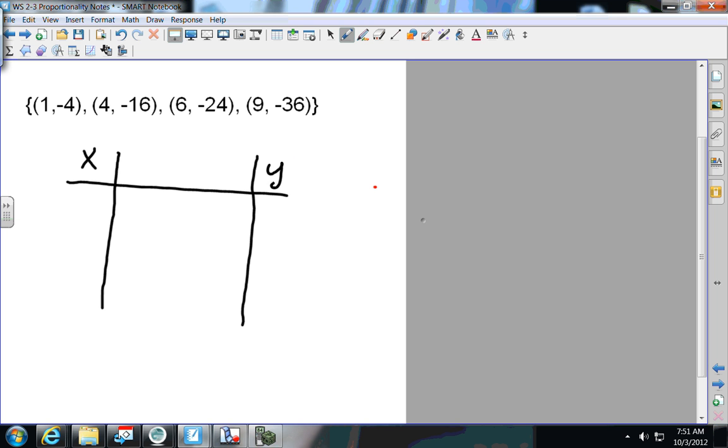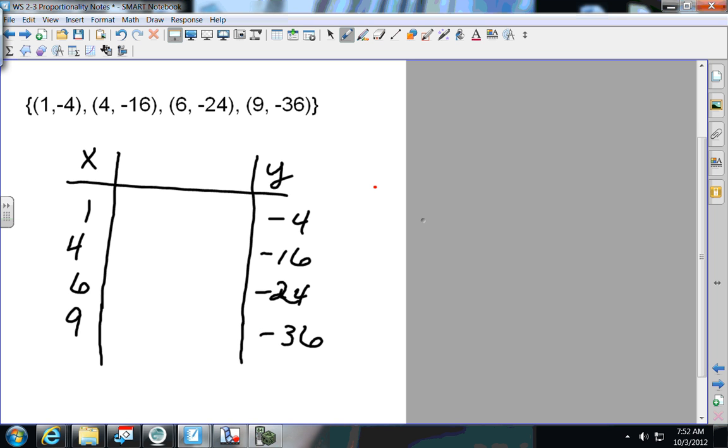X, then Y. 1, negative 4, 4, negative 16, 6, negative 24, 9, negative 36. So we're going to go through and do delta y.